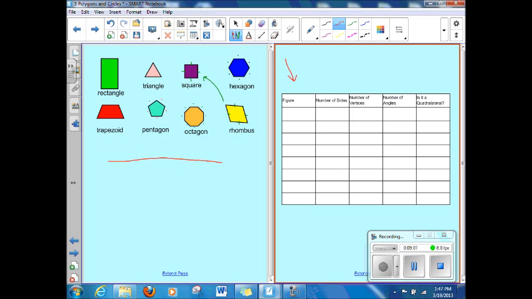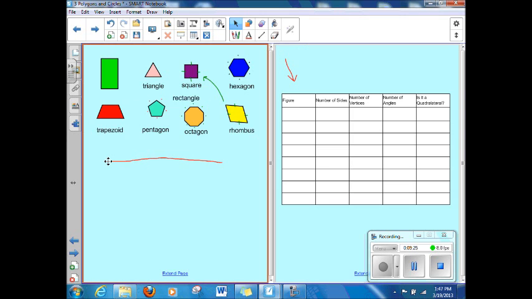And we're going to have you fill in the name of the figure, and then the number of sides, the number of vertices, the number of angles, and then identify whether or not it's a quadrilateral. So the first thing we're going to do is just drag some of these names over into our chart. Now, of course, you won't be able to drag. You're going to actually have to take your pencil and write them in there.